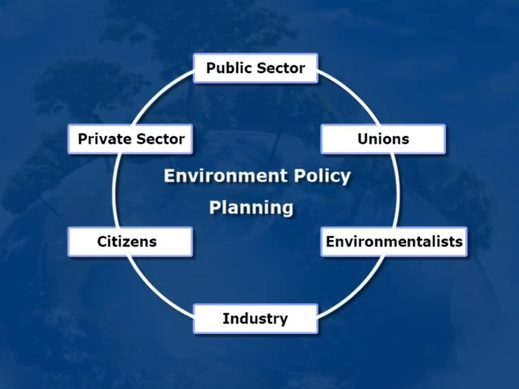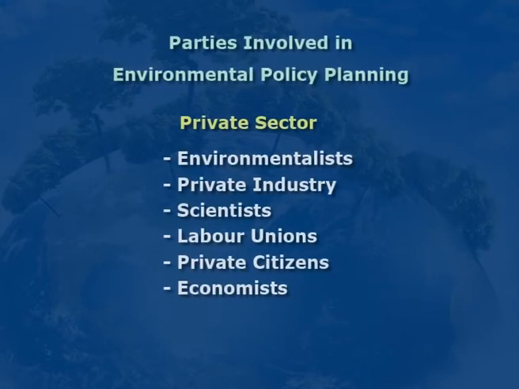For this, we must also invite public participation at different levels of policy initiatives and planning. Public sector, private sector, unions, citizens, environmentalists and industry all should be involved in environmental policy planning. The map should be drawn to show the different parties involved in environmental planning.